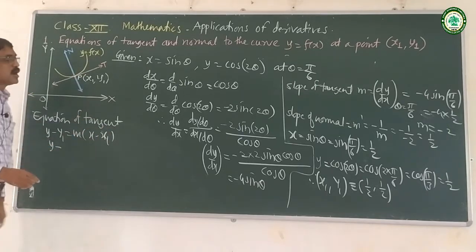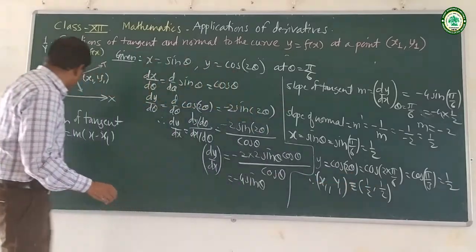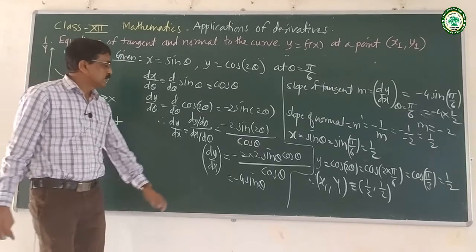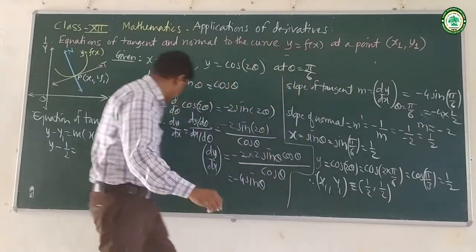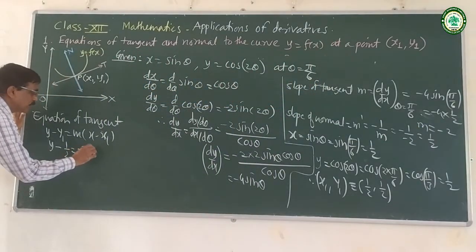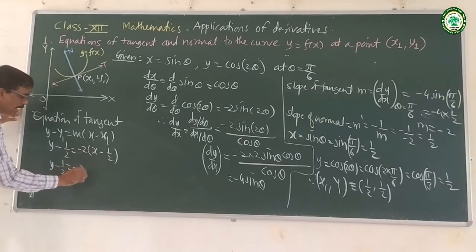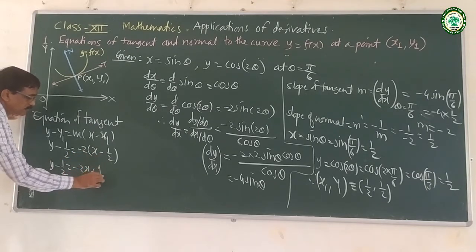Y minus y1, y1 is 1 upon 2, x1 is 1 upon 2. The slope of tangent m is minus 2. So y minus 1 upon 2 is equal to minus 2 into x minus 1 upon 2. Minus into minus plus, 2 into 1 upon 2 is 1.